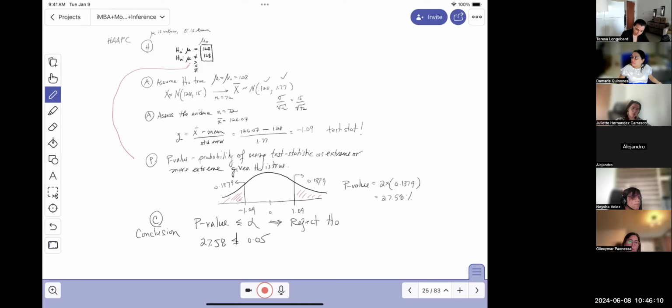Sometimes I write it as a decimal, sometimes as a percent. Let me put it percent here as well. 27.58% is not less than or equal to 5%. So we write that we fail to reject the null hypothesis.